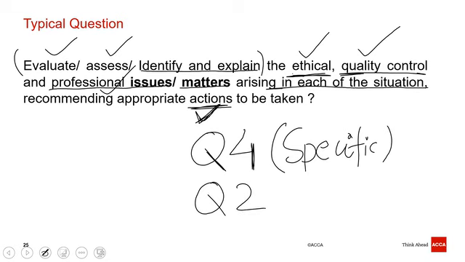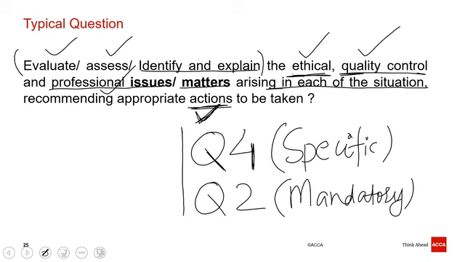In the last few attempts, we have seen that the examiner has focused more on ethical, quality, and professional issues, particularly in question 2, which is a mandatory question. You have no choice, so you should be better prepared and should not think about ignoring this topic. It can appear in question 4, question 2, and also in question 1.